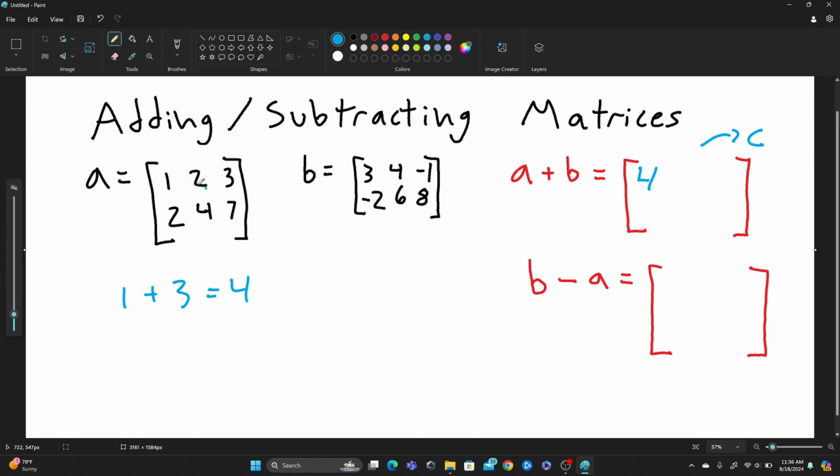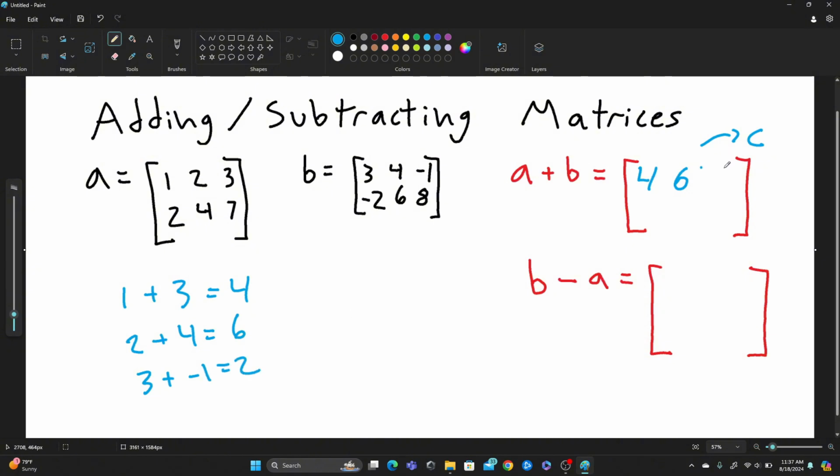So second number is 2, and the second number is 4. So 2 plus 4 equals 6. And then we're going to come up here and put 6 right here. Okay, and then just continue. 3 plus -1 equals 2.